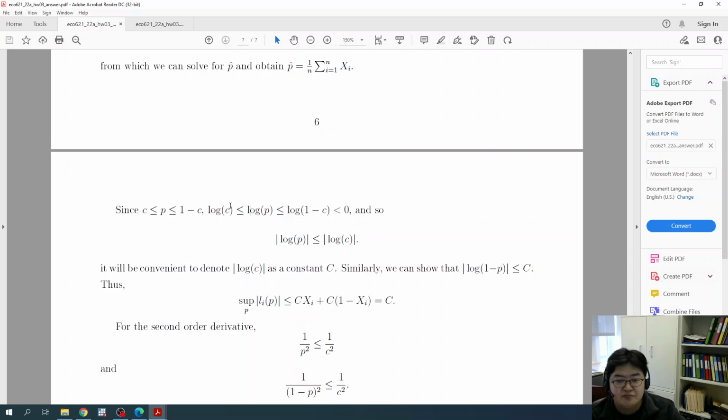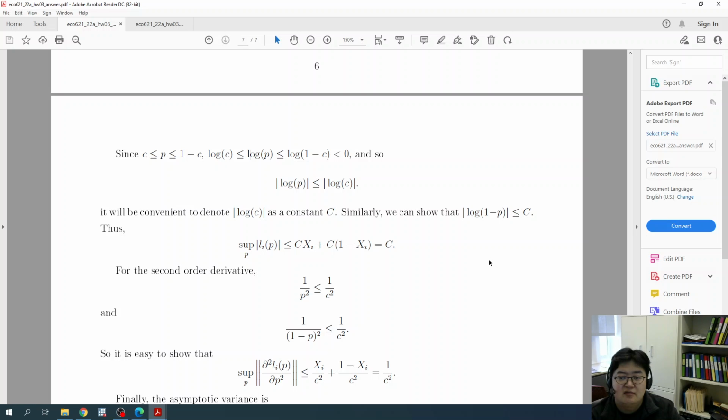And I will replace log of c's absolute value with c, and you can show the other way in the same way. The other thing will be the same thing, the other guy. Then the bound, nothing much to explain.